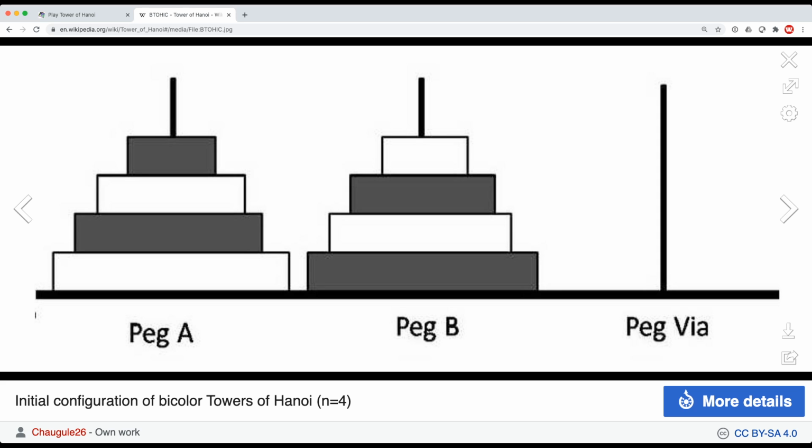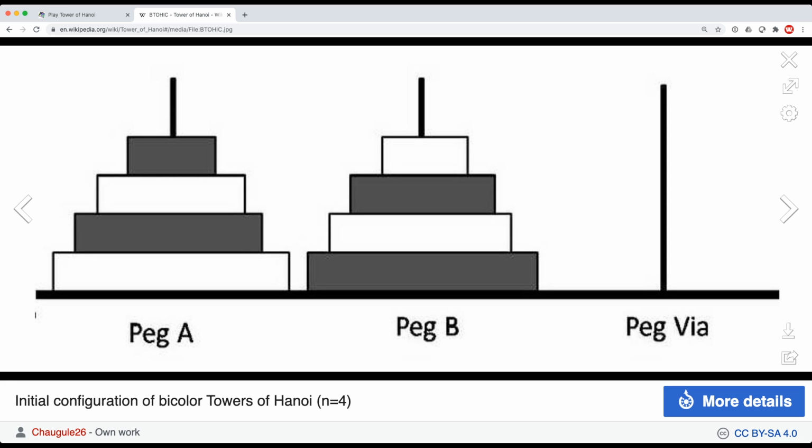Here you have 2 pegs and then the third one as temporary. The rules are that you start with 2 sets of discs.